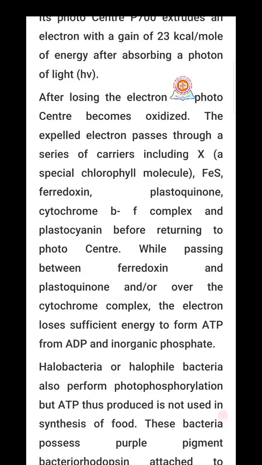What happens when the electrons are carried from one carrier to another carrier?